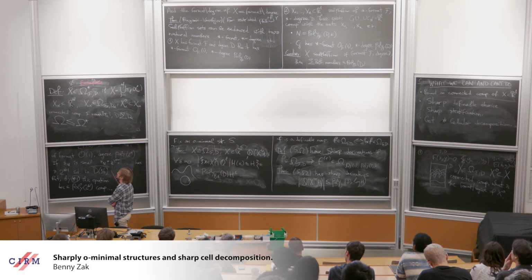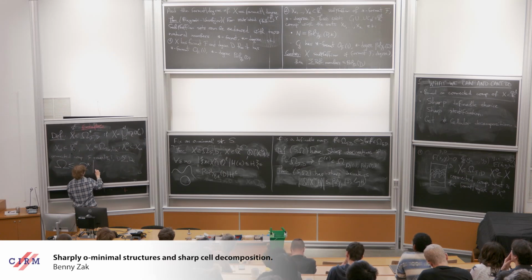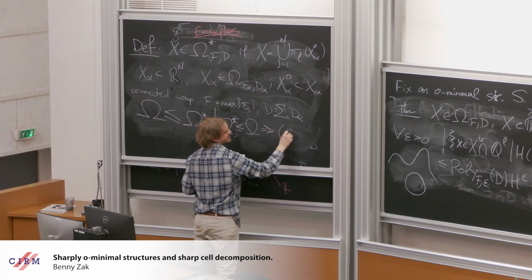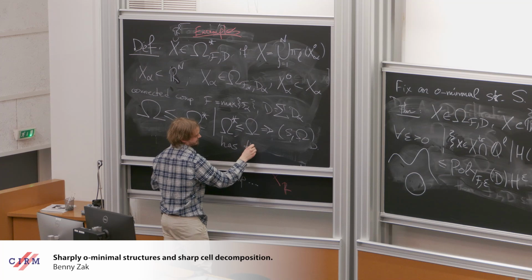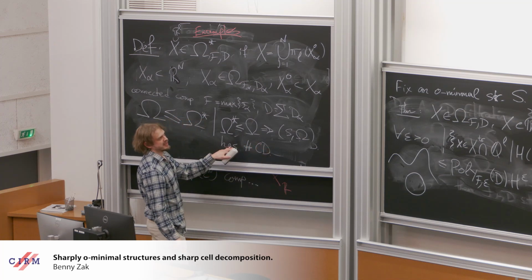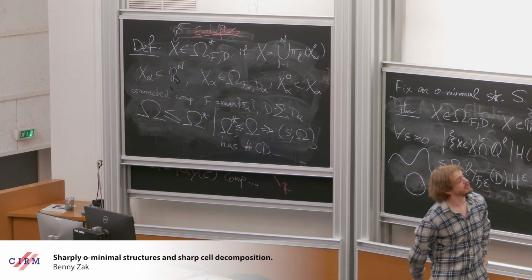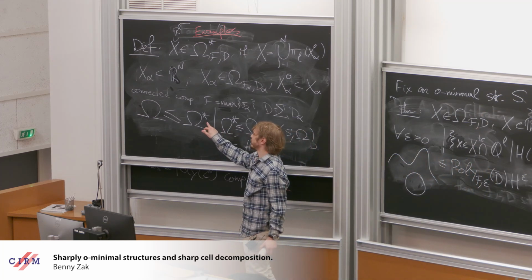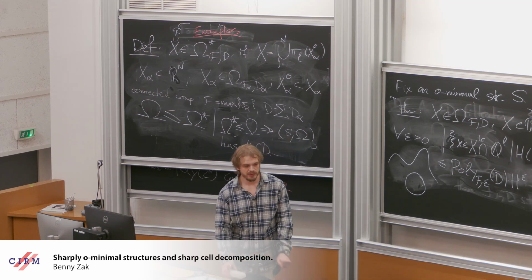So if they were equivalent, then it means that S omega has sharp cellular decomposition. I did not define it, but when I say sharp cellular decomposition, I mean exactly like the Benedetti-Vorobyov theorem. And this is because we have a theorem that with omega star there is a sharp cellular decomposition. So I don't know if they are equivalent.